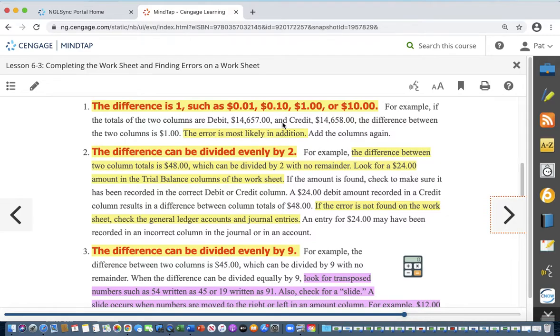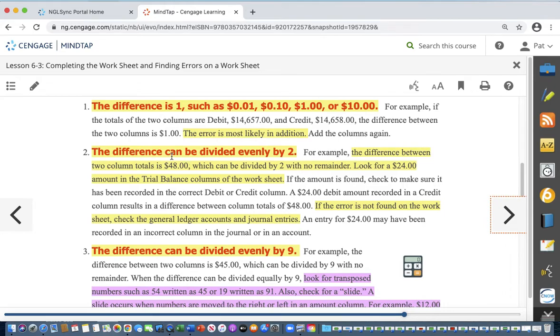So we got, if an error is off by 1, like a penny, dime, dollar, $10, off with a 1. Often that is an addition error, meaning you added something wrong, either in the ledger or in the worksheet. So if you're off by a penny or a dime, a dollar, $10, it's probably adding, they say, more often than not. Now, it could be something else, but that's the first thing you should do.